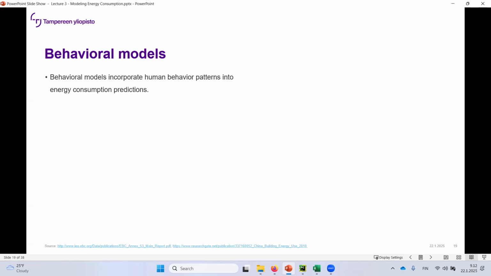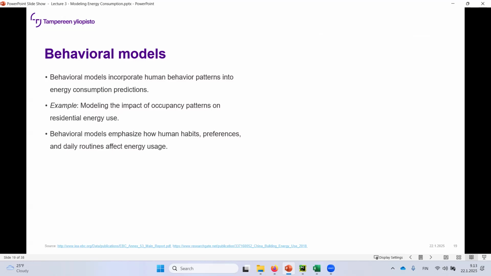Then something about the behavioral models. They try to incorporate human behavior patterns into these consumption predictions, modeling the impact of occupancy patterns on residential energy use. So how often are people at home, with what kind of a probability are they at home, what kind of a usage of household appliances and electric car do they have, and so forth.